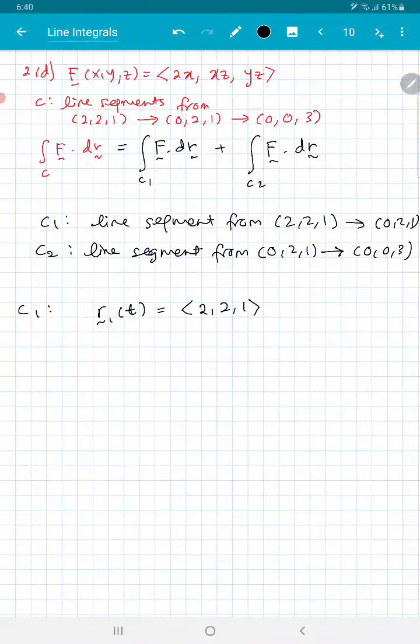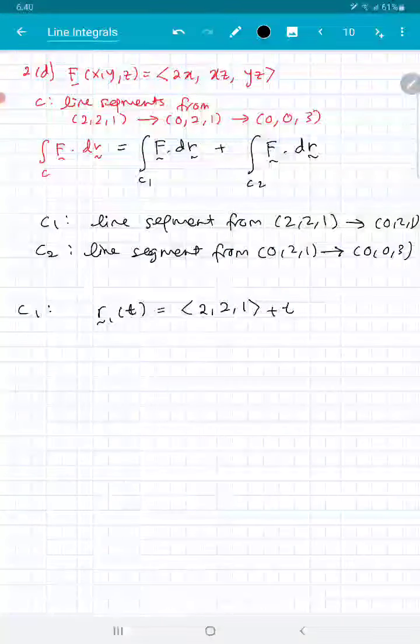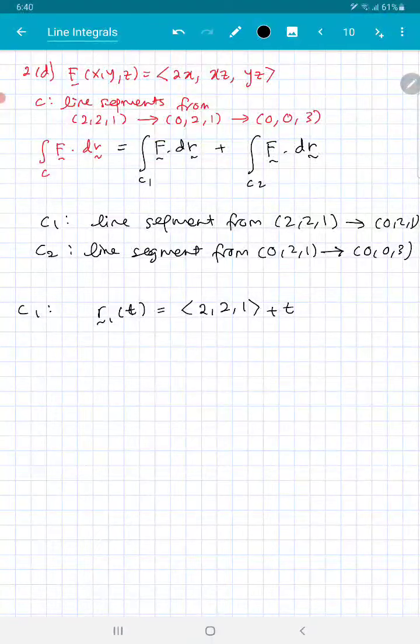You just connect the origin, 0, 0, 0, to point 2, 2, 1. Then we get this vector 2i plus 2j plus 1k. And then remember we have a plus parameter t times a vector d, which is parallel to our straight line.